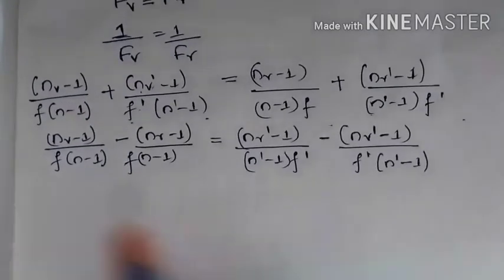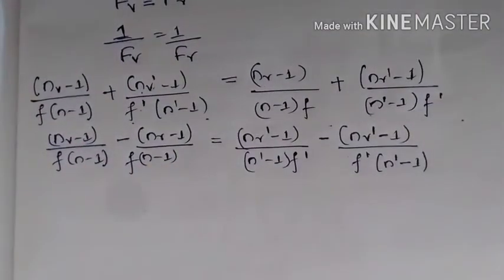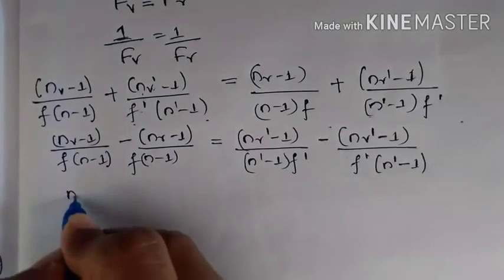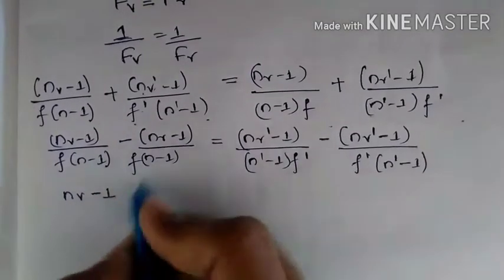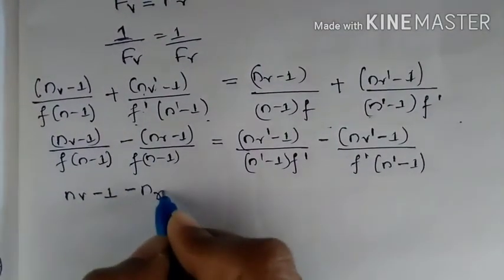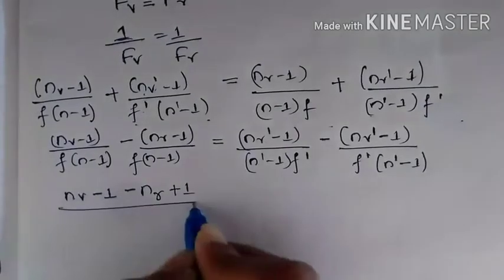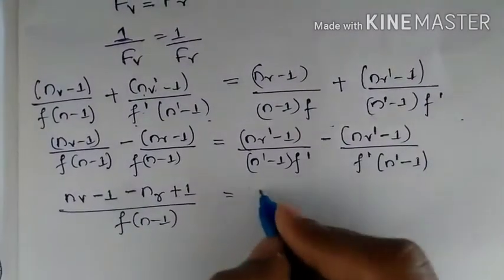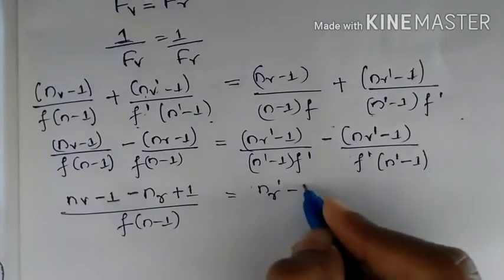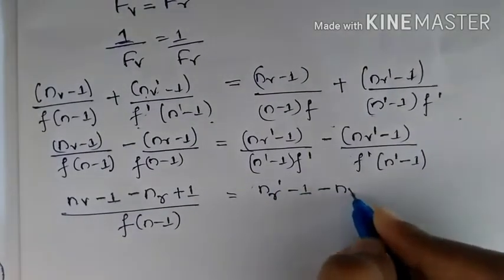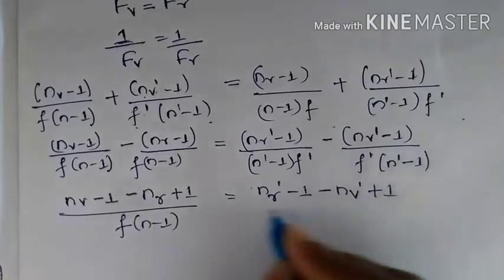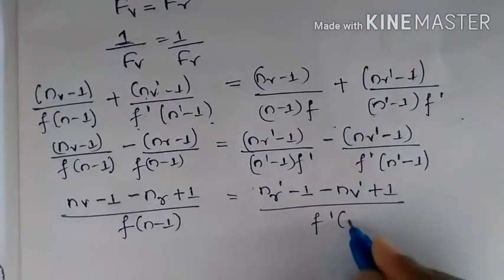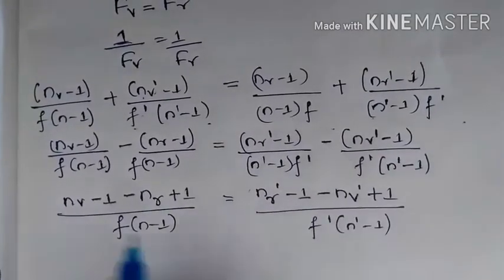So the denominators have the same values, so that means you can write nV minus 1 minus nR plus 1 divided by F (n minus 1) is equal to nR prime minus 1 minus nV prime plus 1 divided by F prime (n prime minus 1).